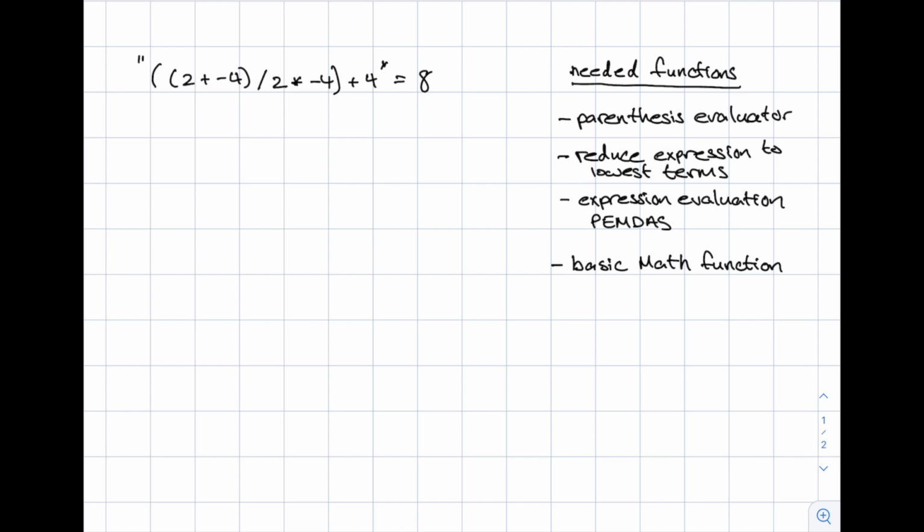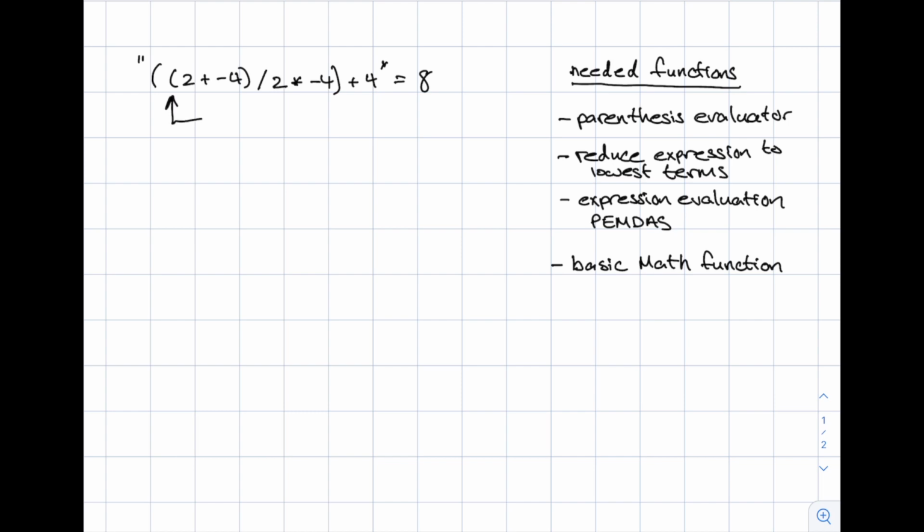The parentheses evaluator, starting with that, is going to look at our expression, and it's going to pull out any expressions that we have, including nested expressions with parentheses in them. And then we'll evaluate those separately. So let's take a look. Oops, I made another mistake here.